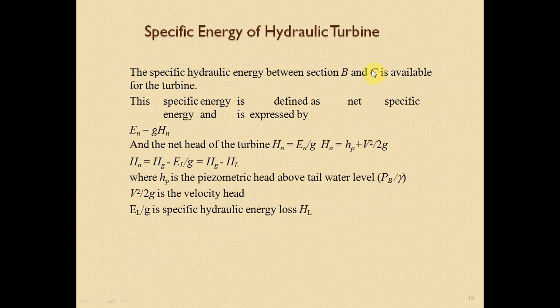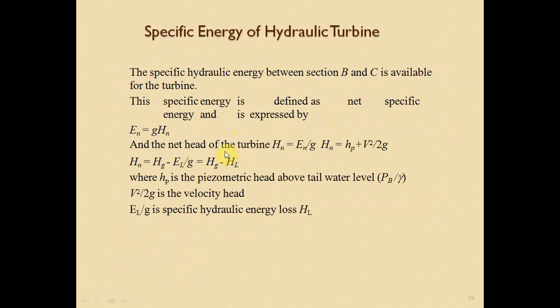So the specific energy of the water turbine, that is between section B and C from the above figure, is available. This specific energy is defined as the net specific energy and expressed by En equal to g into Hn.